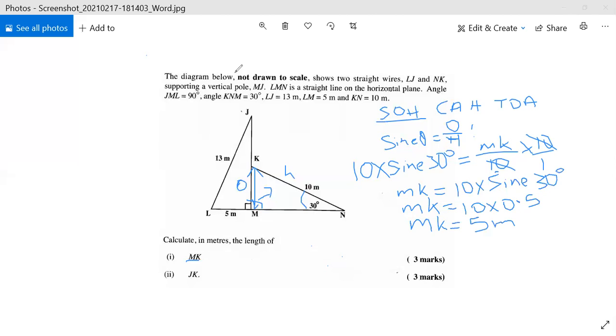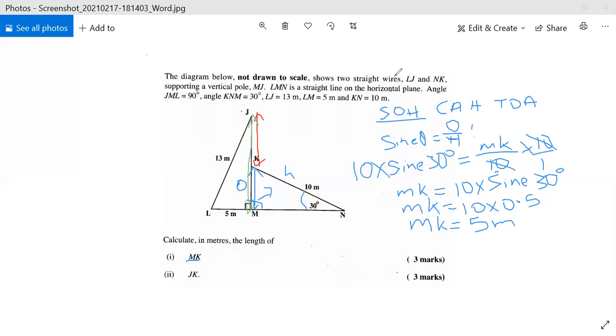All right, so now we need to find what JK is. And JK is this line right here, a part of the other triangle. Now, in order to find JK, what we could do is find the length of JM first, which is all of this side, and then subtract what we know already, the length of MK that is in blue, and then we'll be left with JK.